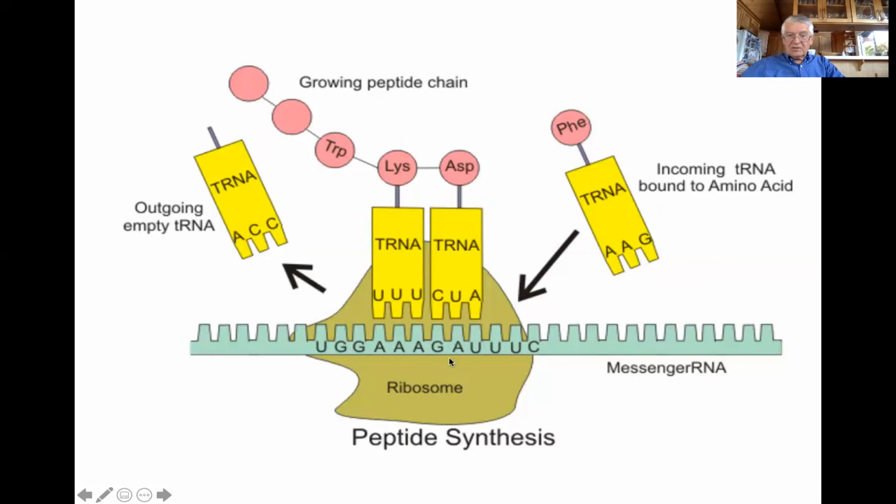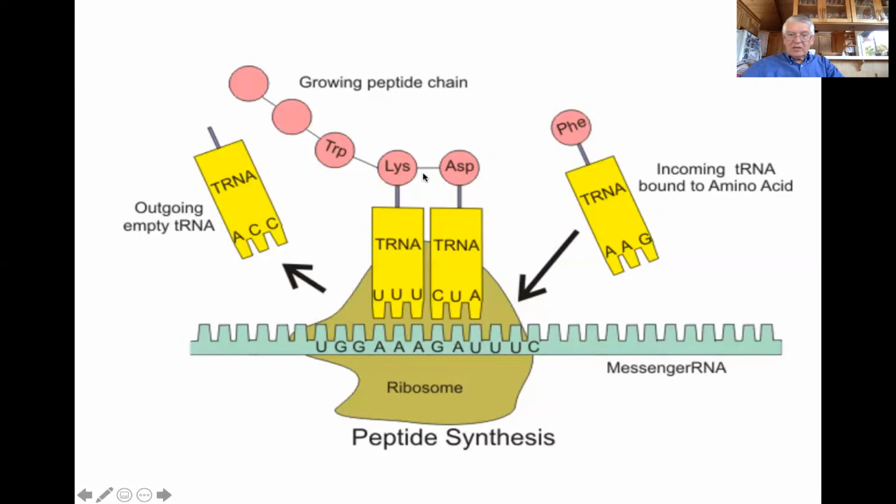This will effectively pair up, bind weakly to this 3-letter code, position it on the ribosome, bring in this amino acid and position it right next to this one, and the ribosome will then link the two together. All right, hook them up.